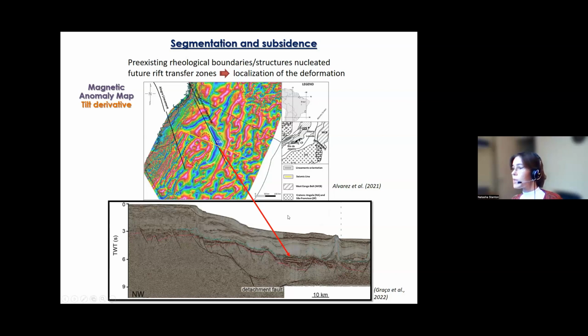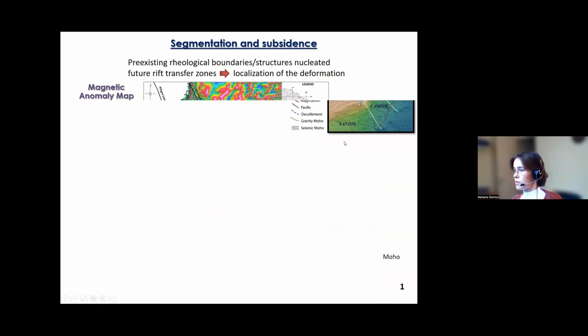So it is coincident with a pre-existing rheological boundary between the Ribeira Belt to the south and the Araçuaí Belt to the north, as well as in the African counterpart. It is coincident with the location of the boundary between these two African terrains. So we interpret this to mean that the rift transfer zones may have nucleated at pre-existing rheological boundaries.